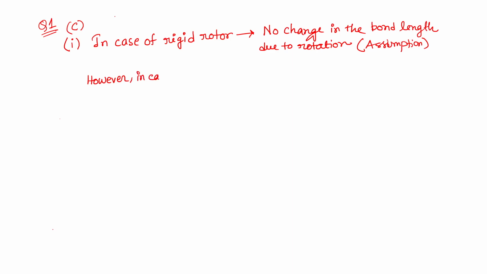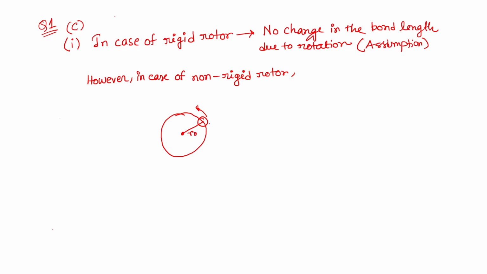in case of a non-rigid rotor, suppose it is rotating like this, this is your one body problem, and it is rotating in this side.